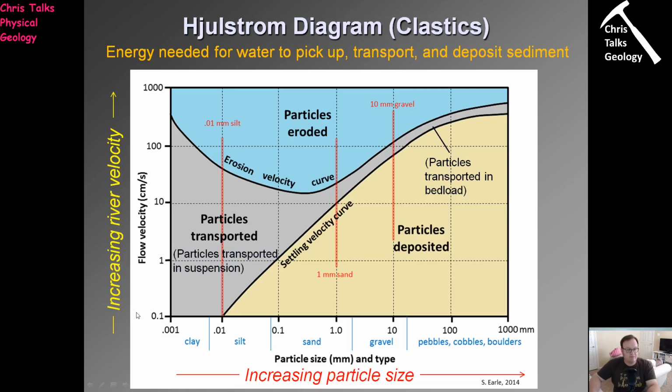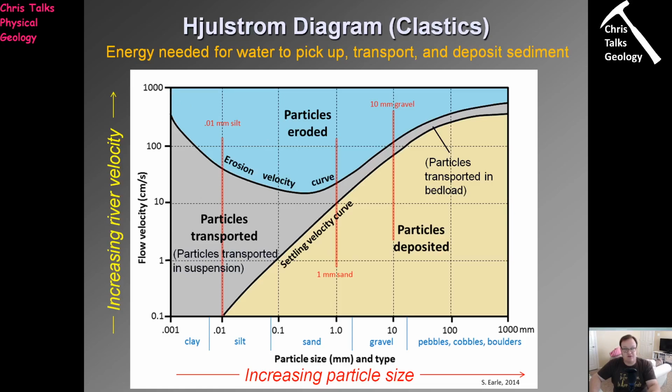On this axis here, we have the flow velocity in centimeters per second. So we go from 0.1, 1, 10, 100, 1000. So obviously the flow velocity is increasing as we go up. As we've discussed, the higher the velocity, so the more energy your system has, the larger the size of particle that it can transport. So let's say we have a very, very high energy flow, let's just say 1000 centimeters per second.